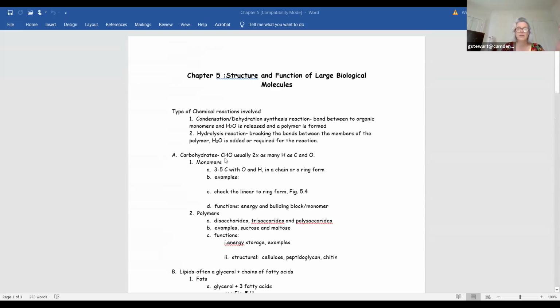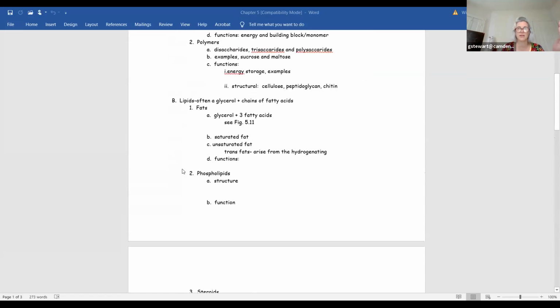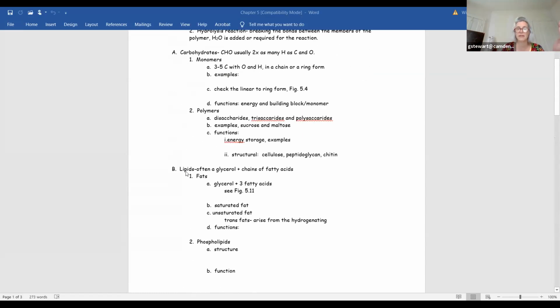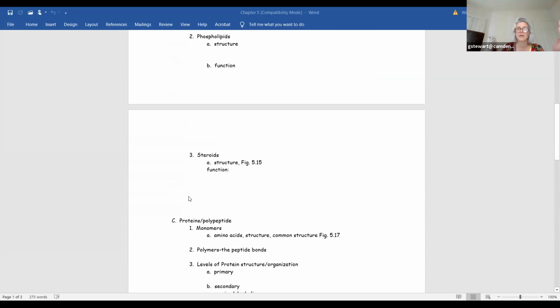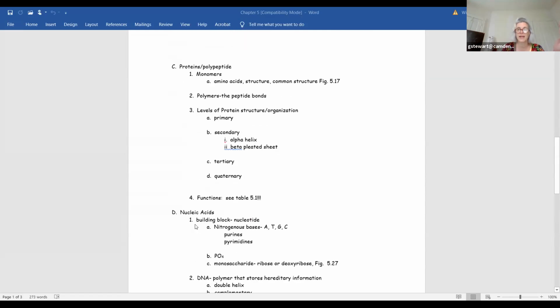What I would tell you to focus on for this chapter is, obviously you have to know these types of reactions, but overall there are 4 large groups of organic molecules: carbohydrates, lipids, proteins, and nucleic acids.